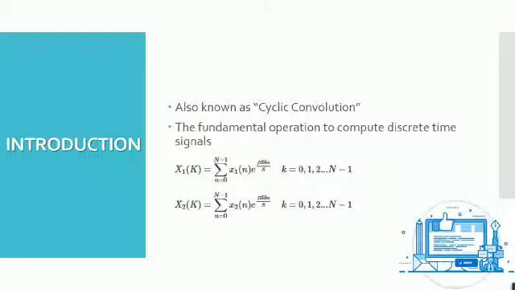These are the two sequences which we are going to take to calculate the circular convolution. x1 of n and x2 of n are the discrete time sequences, but capital X1 of k and X2 of k are their respective DFTs. Capital X1 of k is the DFT of x1 of n, and X2 of k is the DFT of x2 of n.